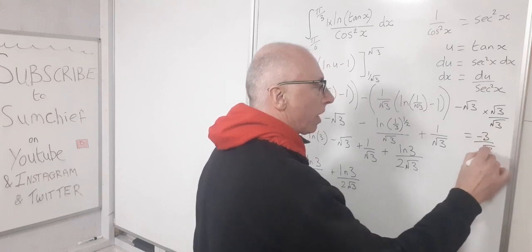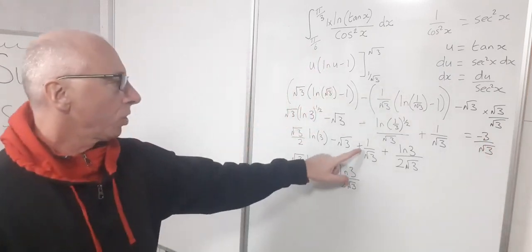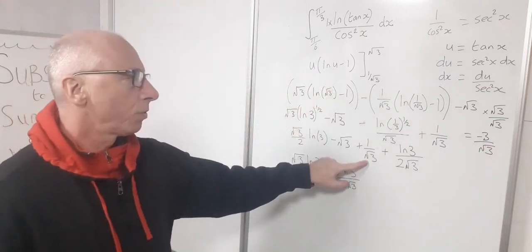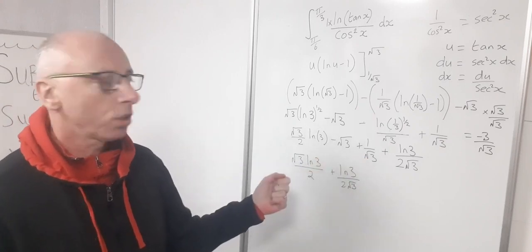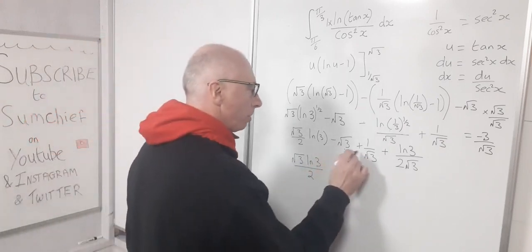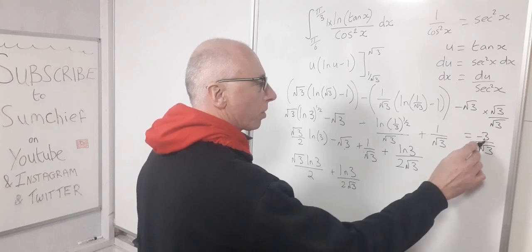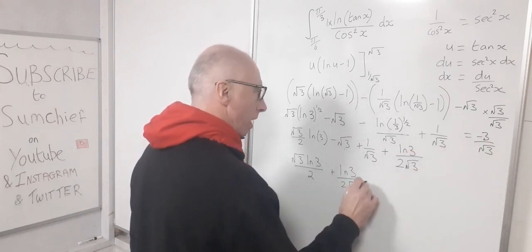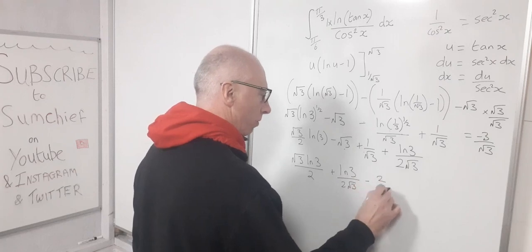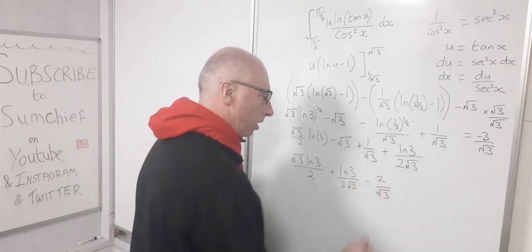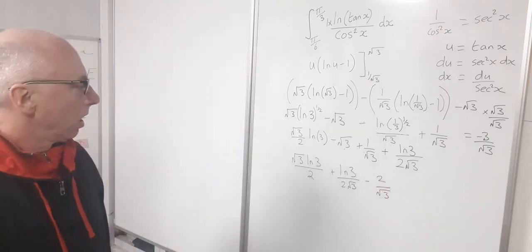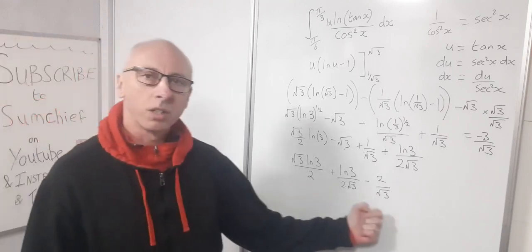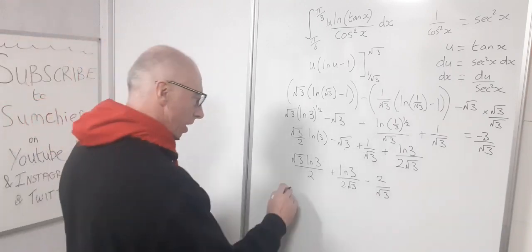So that will be the same. And then if we just add 1 over root 3, we'll end up with minus 2 over root 3. So this plus this will give us minus 3 plus 1 over root 3, which gives us minus 2 over square root of 3. Okay, now that, I'm going to submit that as my answer.